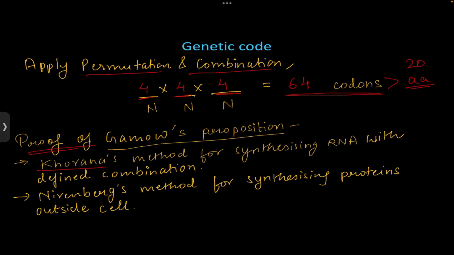Then Nirenberg's work helped people use his method of synthesizing proteins outside the cell, in an artificial in vitro environment. So people used his method to synthesize proteins of any sequence. Khorana gave the method for synthesizing RNA, and Nirenberg gave the method for synthesizing protein.